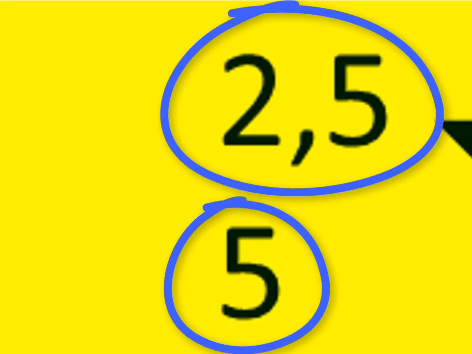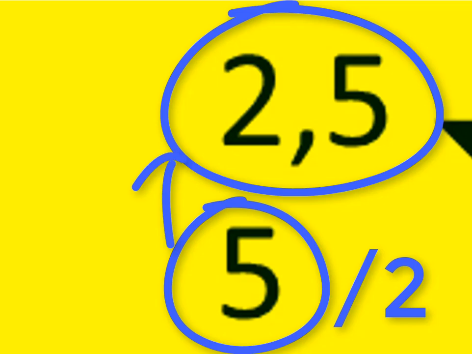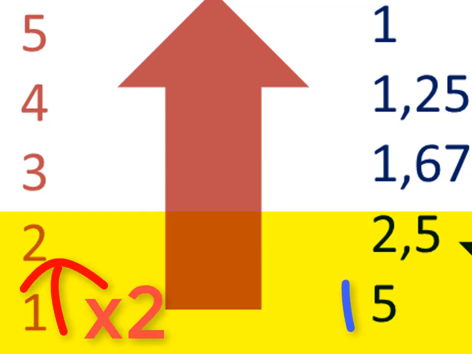How does 5 compare to 2,5? 5 is double 2,5, or we can say 2,5 is half 5. So as our independent variable changed from 1 to 2, it doubled, and that corresponded to a halving of the dependent variable from 5 to 2,5. 1 times 2 equals 2. 5 divided by 2 equals 2,5.